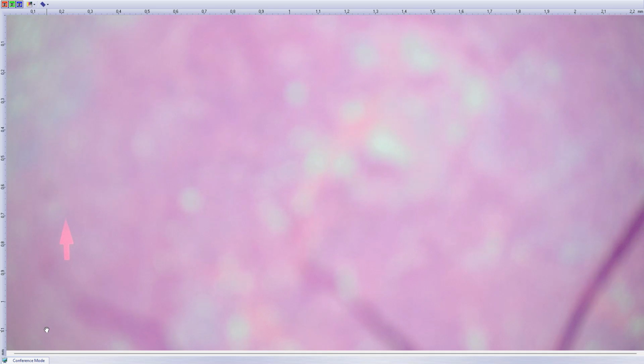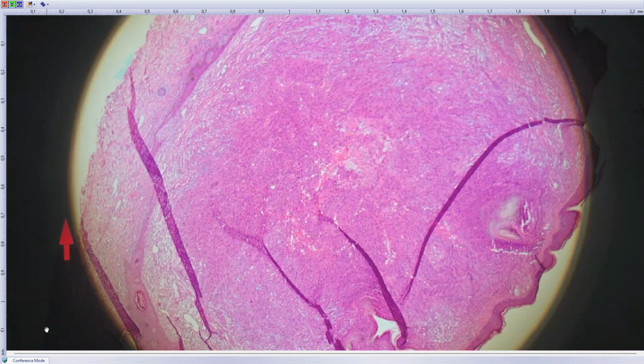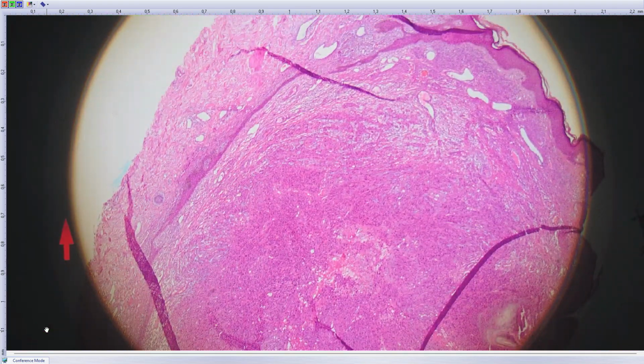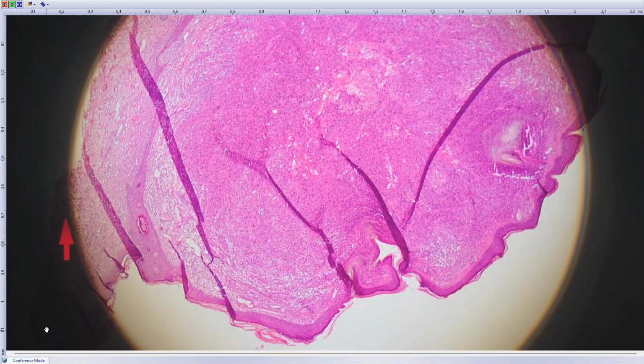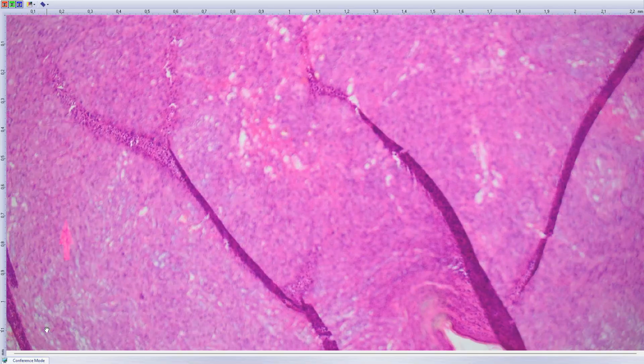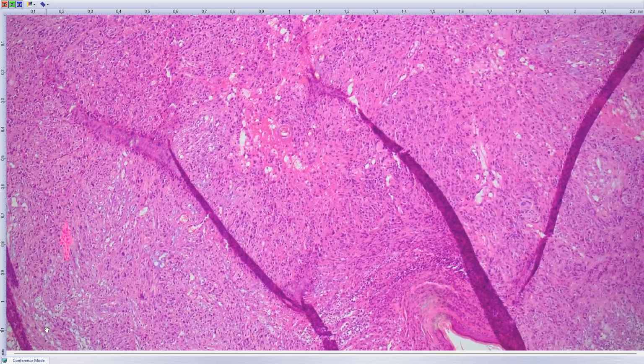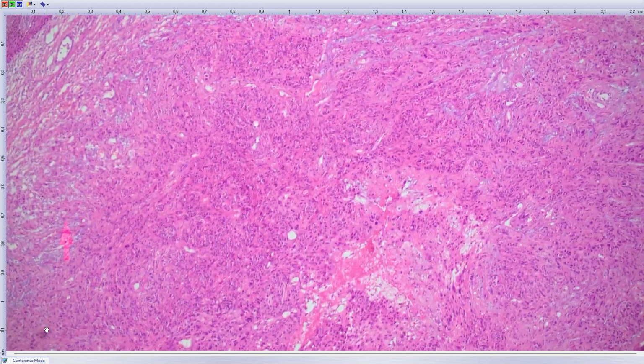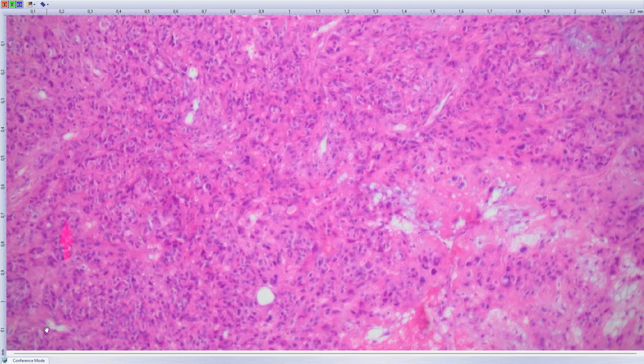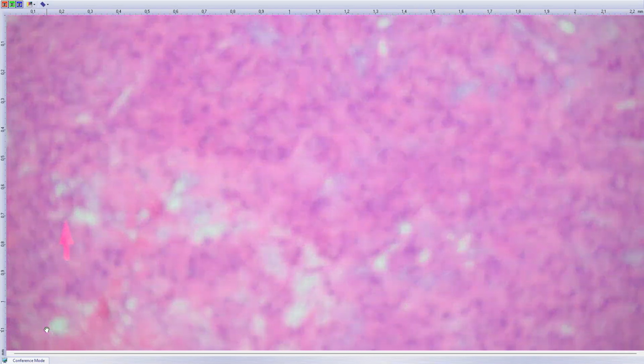Okay, I have here a case of skin, which had such epithelioid eosinophilic cells which were strongly positive.